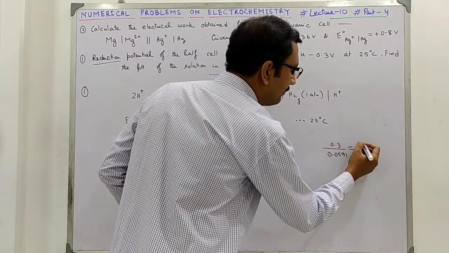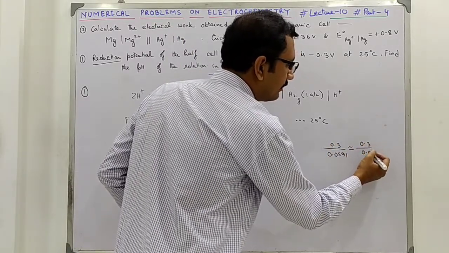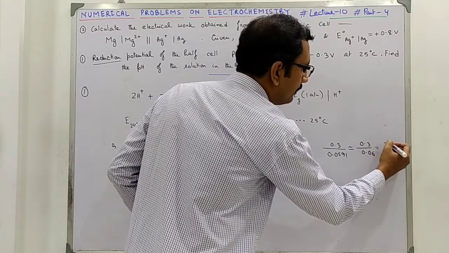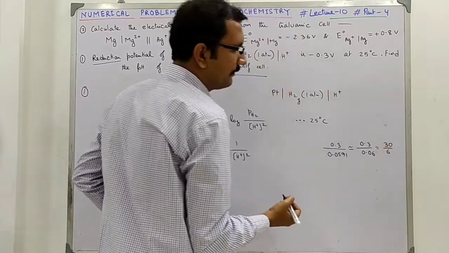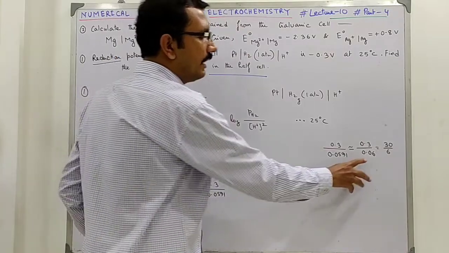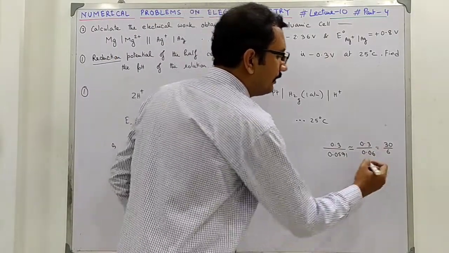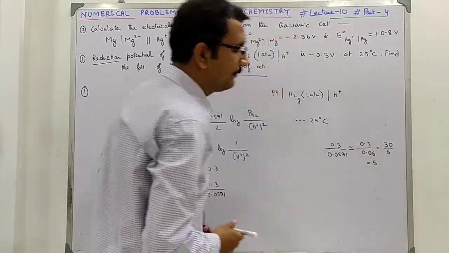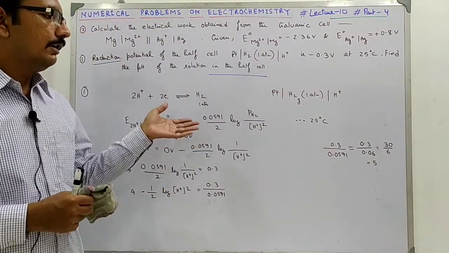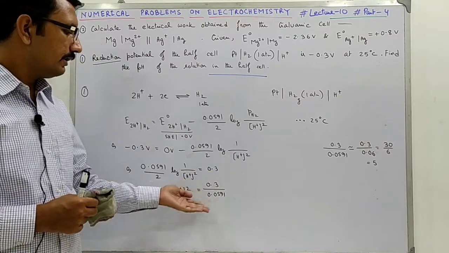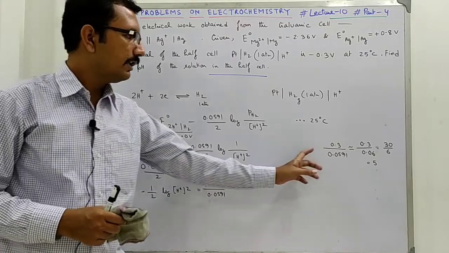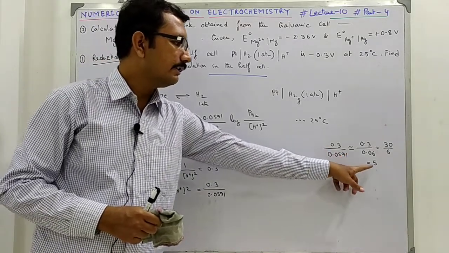So, that will be 30 by 6, as we multiply both numerator and denominator by 100. Now, it will cancel to give 5. In competitive exams, if such a problem is there, do not use the calculator to waste your time. Simply consider this to be 0.06 and you will get the answer.